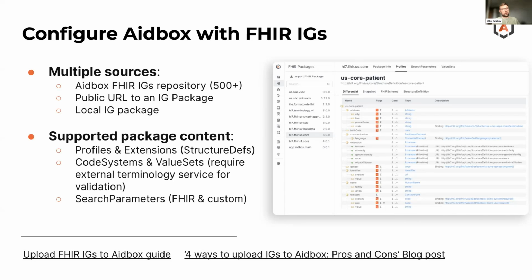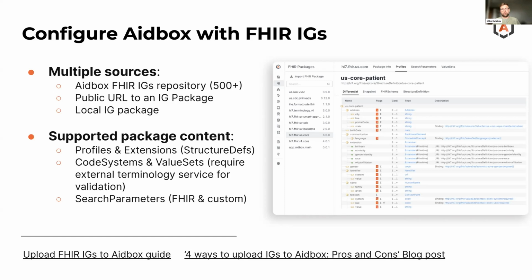The content that the Aidbox FHIR IG repository provides is, as I mentioned, profiles and extensions. The interesting fact is that Aidbox can now load structure definitions, profile structure definitions, via REST API.